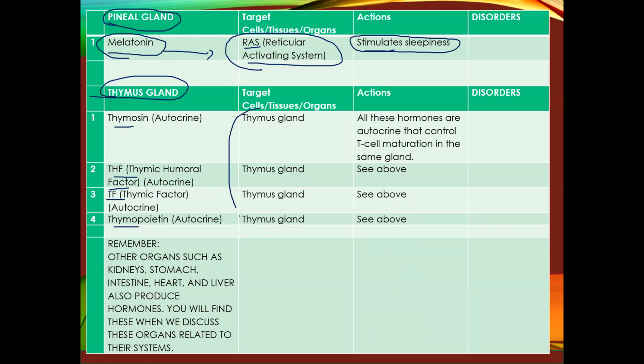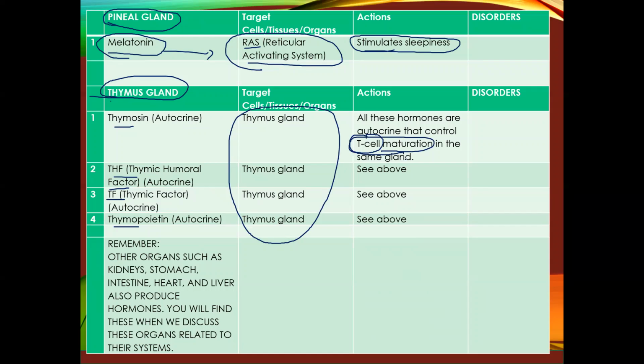All the target cells will be the thymus gland itself. It is kind of autocrine, the hormones act upon their own gland. And all of these hormones are used for the immune system, to activate T cell maturation.